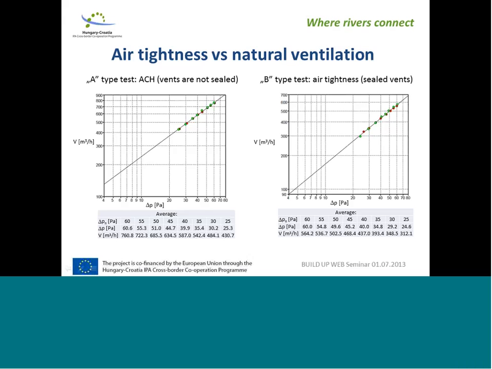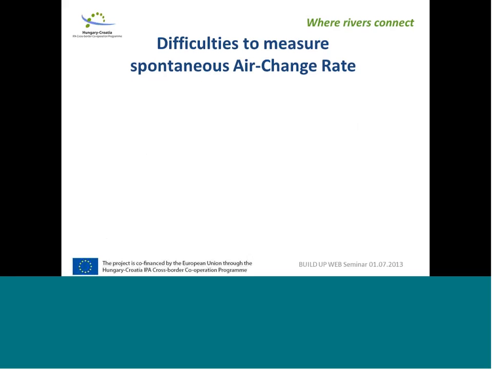And here you can see some results of one example. In one case, at 50 Pascal, the airflow is nearly 700 cubic meters per hour, and in the other case, with sealed vents, the flow at 50 Pascal is 500 cubic meters per hour.